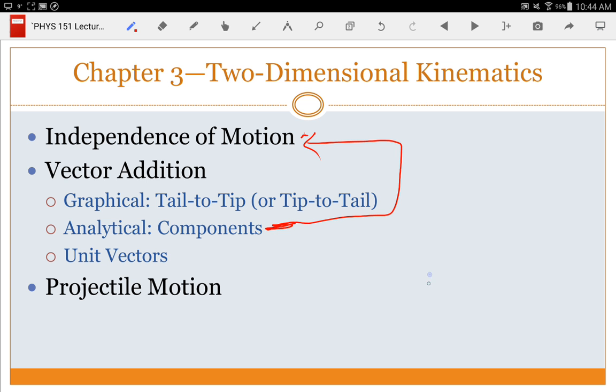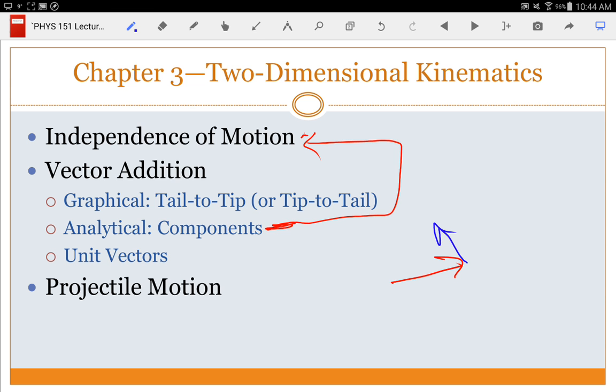So we have the graphical method. I have a vector like this, and I want to add it to a vector like this. What do I do? So I take one and put the end of it, or the beginning of it, at the end of the other one.